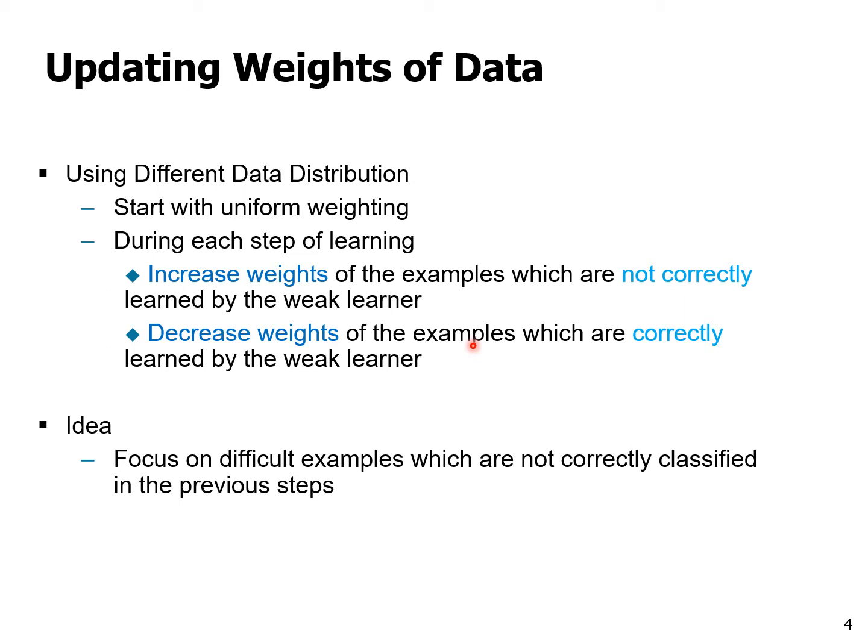That makes sense. So that's how we update the weight values of data. Again, as I said, the intuition is we focus on difficult problems which were not correctly classified in the previous steps. By doing so, hopefully we can solve all the problems correctly.